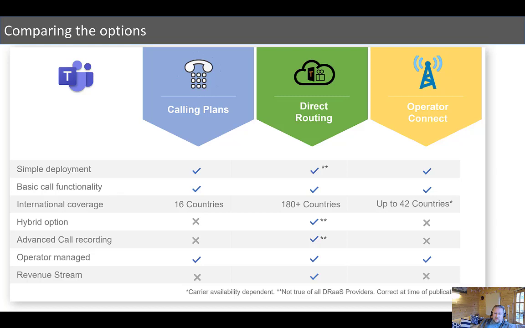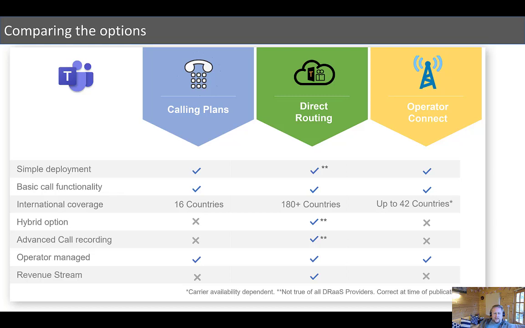Obviously, direct routing providers are now also introducing that policy or compliance call recording to bring that up one level, so that it's not just calls that are involved in direct routing, but calls across Microsoft Teams as a whole. We've yet to see what will happen in terms of Operator Connect in terms of call recording. However, from what I can see at the moment, it won't be a standard feature of the Operator Connect product. That just seems to be more about introducing the PSTN and the numbering components. But again, we'll see over time as the Operator Connect product evolves what becomes standard and what becomes operator-specific functionality.